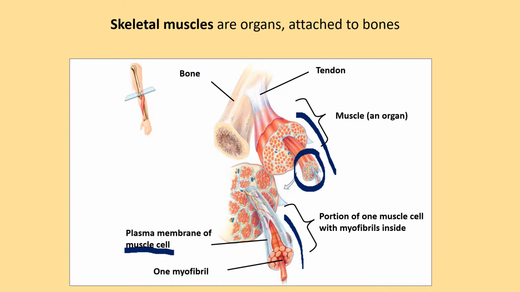And these rods are called myofibrils. And inside these myofibrils, we find what are known as thick and thin filaments. And those are proteins, and they interact with each other to produce muscle contraction. So I'm giving you a taste of what is to come. Ultimately, we will get down to the physiology of muscle contraction by examining what happens at the biochemical level inside the muscle cell.